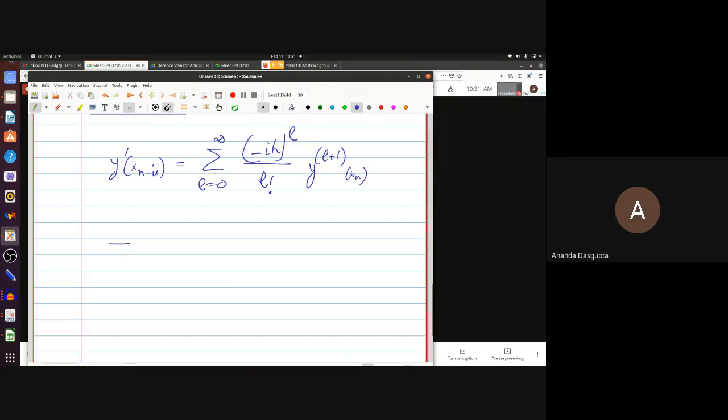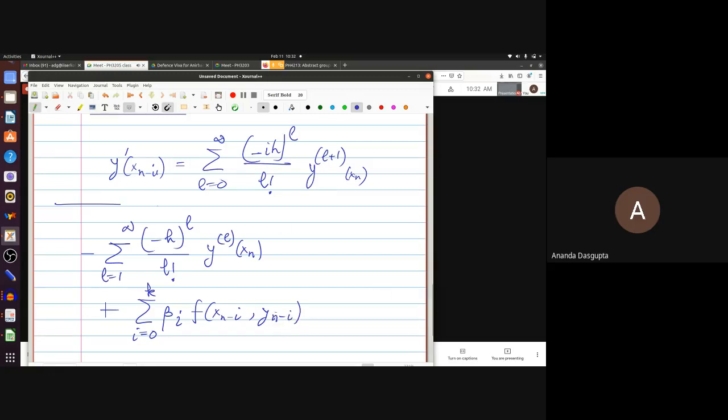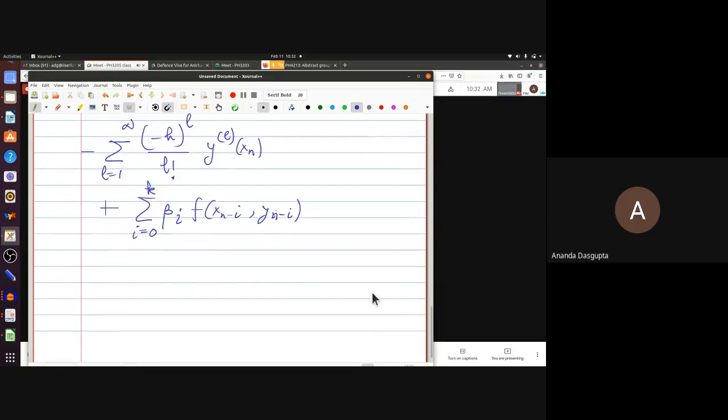So what we wrote down was the sum over I equal to 0 to k, beta I, xn minus I. This was the expression which we were trying to make as close to 0 as possible.